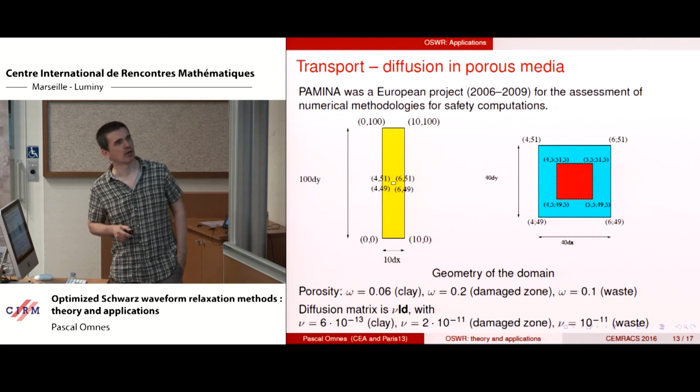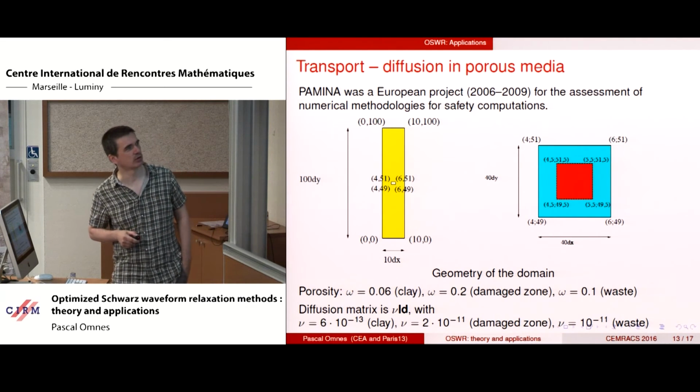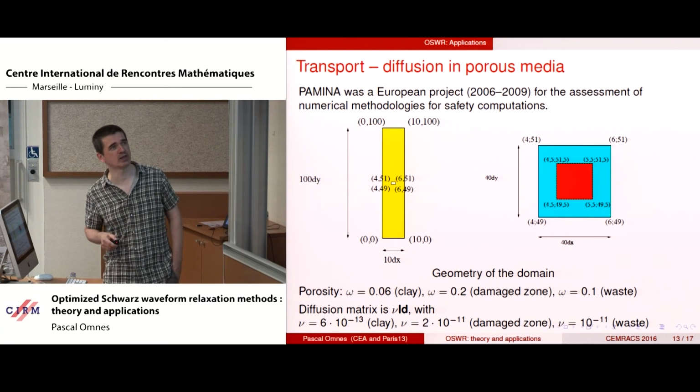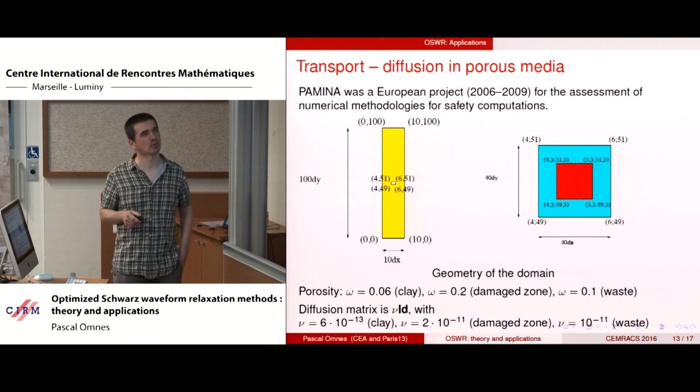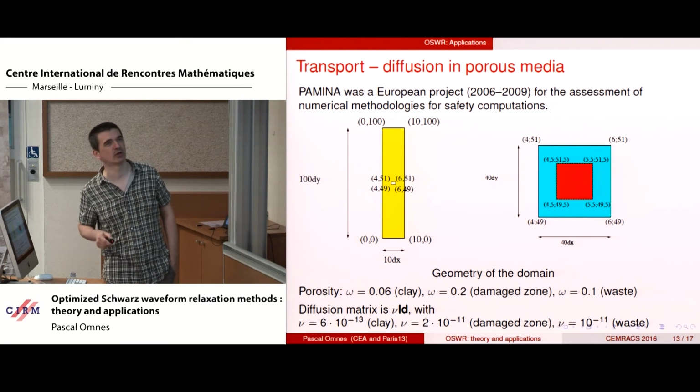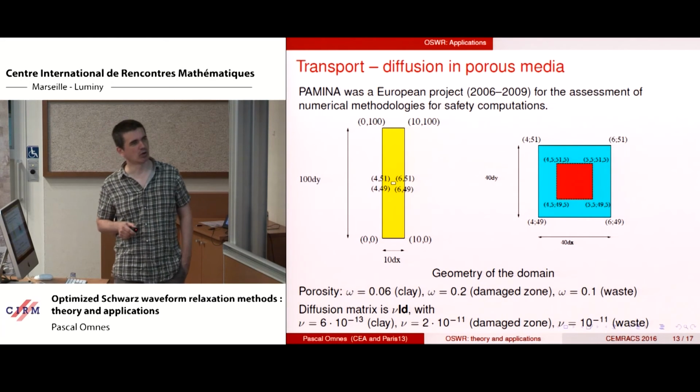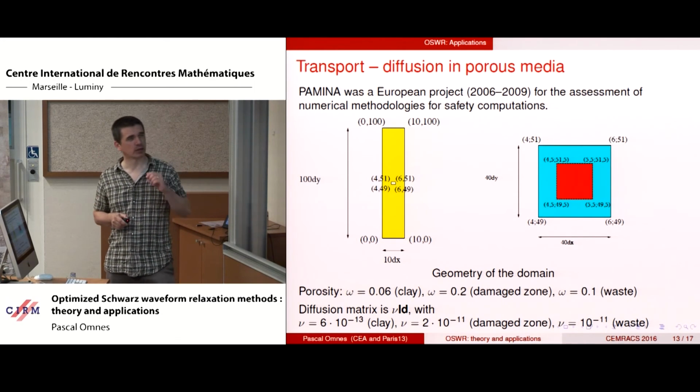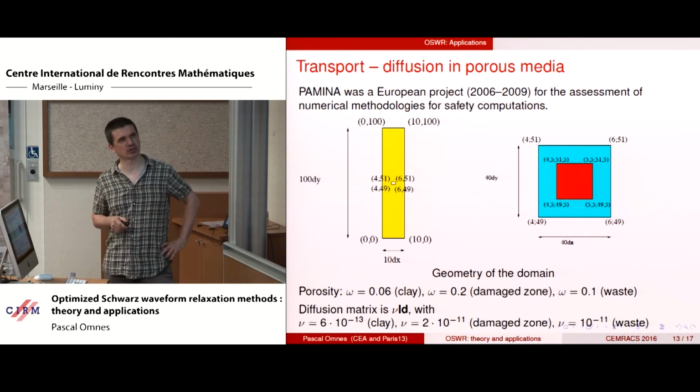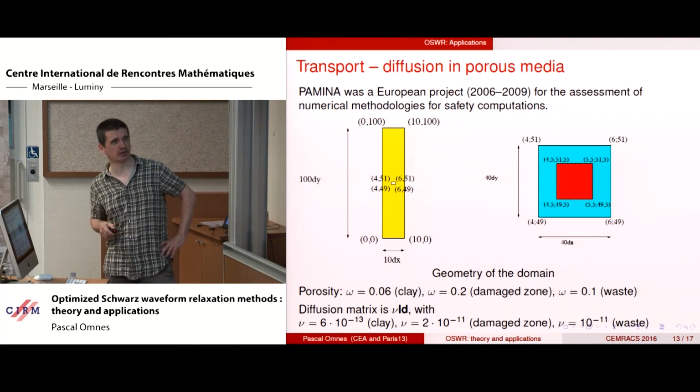You see that the damage zone and the waste are more permeable and more diffusive than the rest. If you think about the equation, the important ratio is the ratio of nu over omega, and it's 10 times larger in the damage zone and waste zone than in the clay.